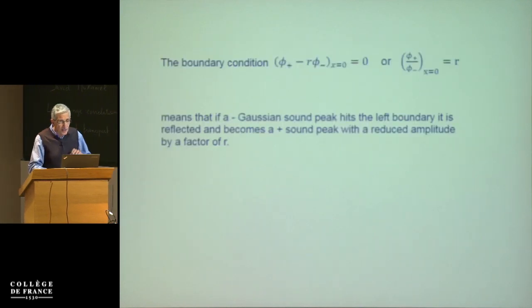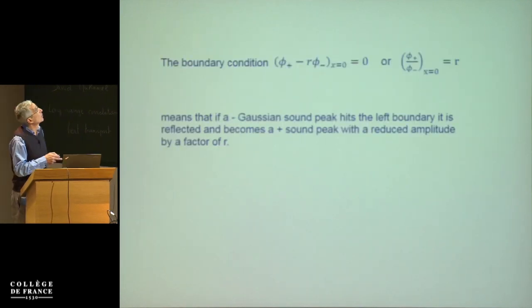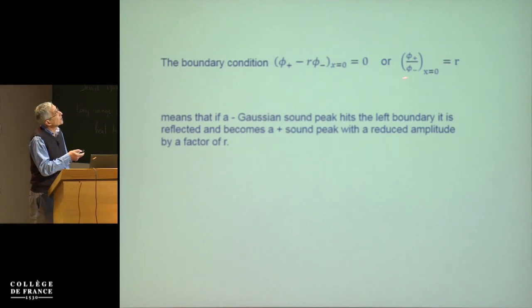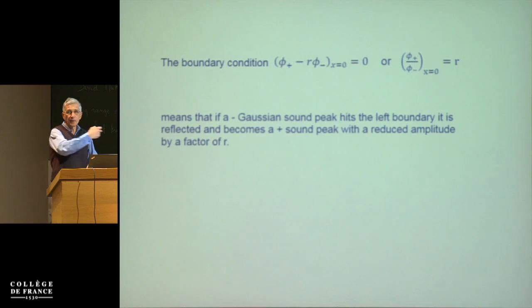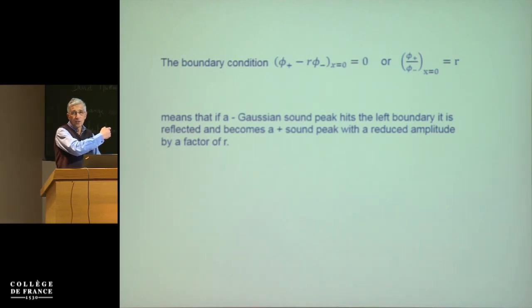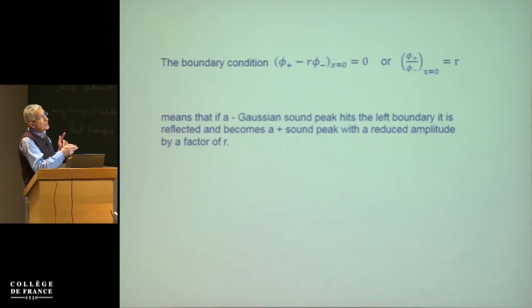R is just a reflection coefficient. This is the equation that you have for phi plus and phi minus. It means that phi plus or phi minus at x equal to 0 should be r times the other. What is this? Phi minus is a sound wave propagating to the left towards 0. It is reflected at the boundary and becomes a phi plus.